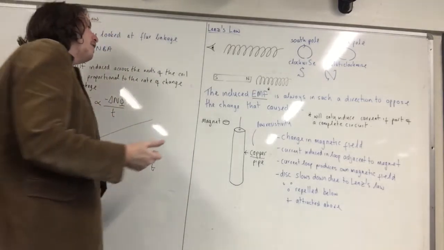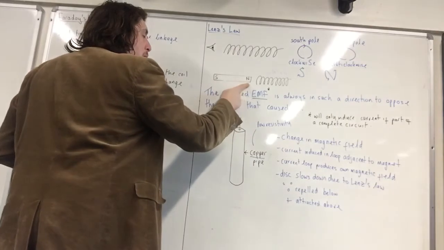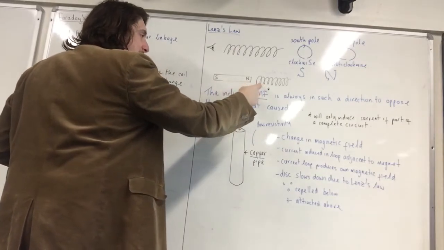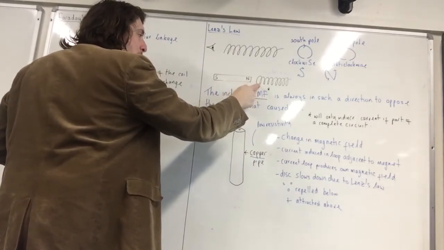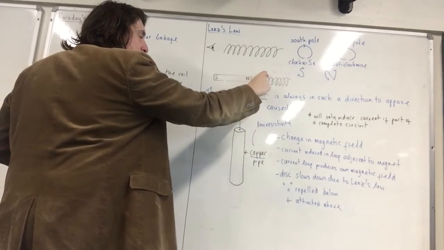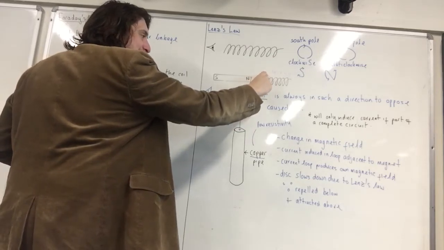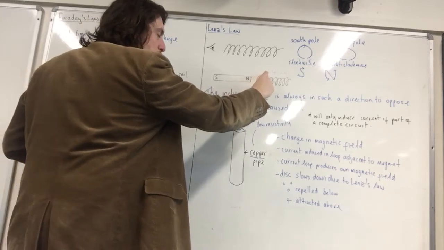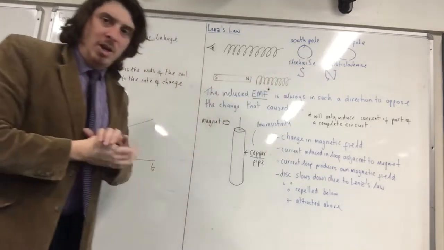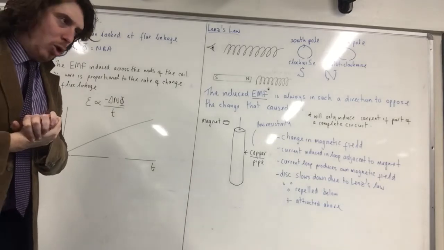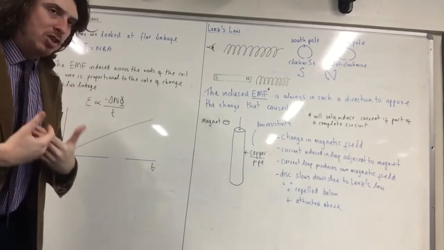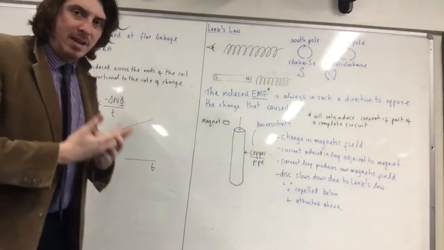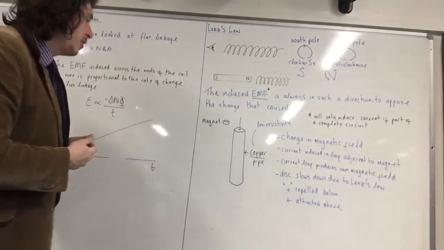So if we were to put a north pole into here, and this was a south, that would turn into a generated north pole, which would oppose the motion and slow it down, and this is Lenz's law. For conservation of energy purposes, we can't make infinite energy, I'm afraid, physicists.